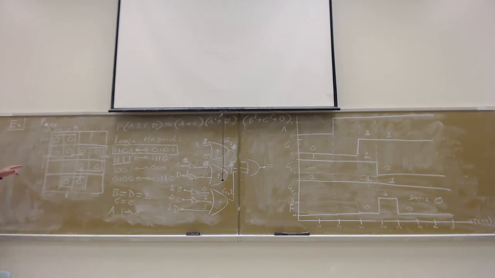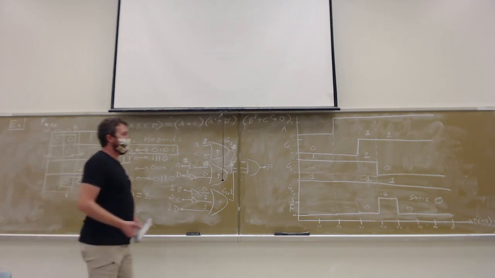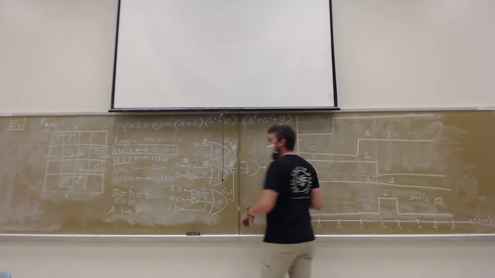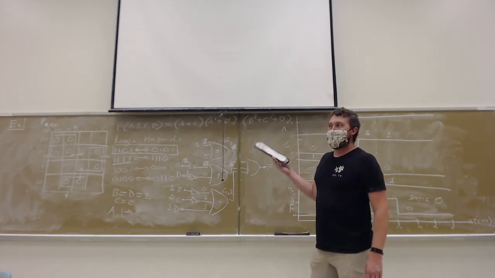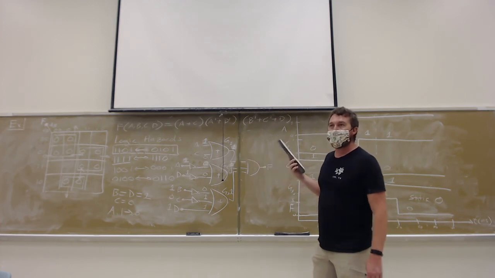So how do we fix this circuit to get rid of our logic hazards? Do it the other way. What's that? We did do it the way we did it the first time? No, because that's the input to the system. We can't control that.